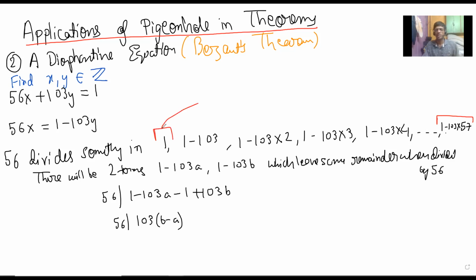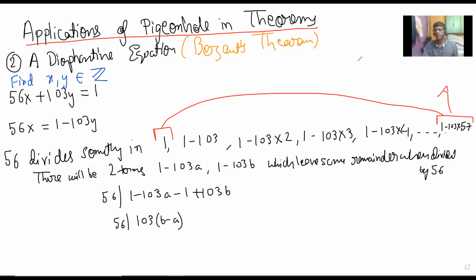So do you guys see this? That term, 1 minus 103 times 57, has the remainder of 1 only, when divided by 56. Is it right?